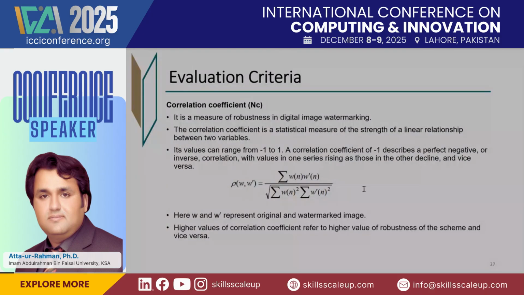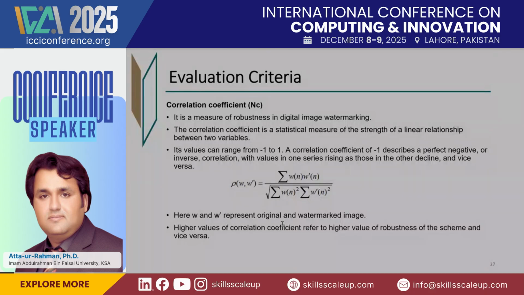Another means of evaluation is the correlation coefficient. It is a measure of robustness in digital image watermarking, of how much the image will withstand certain kinds of attacks. The correlation coefficient is a statistical measure of the strength of the linear relationship between two variables. Normally we find the correlation between the image before and after watermarking, and it will be between -1 and 1.